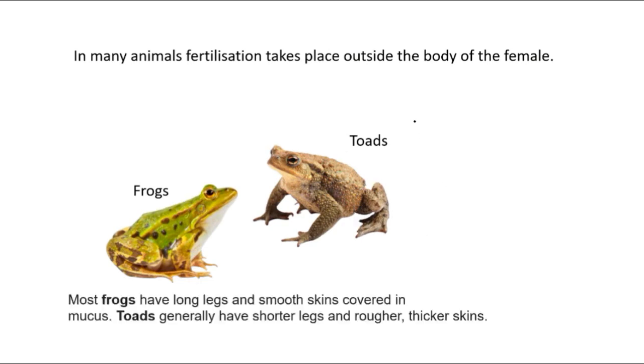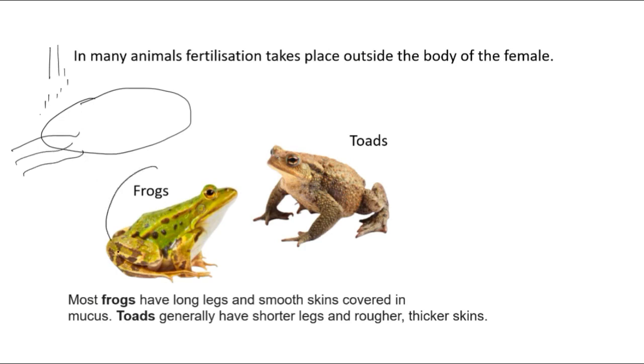Now it's interesting to know how the fertilization happens in this case, right? Generally in the pond during the rainy season, when the water is moving inside the pond, you will find these frogs slowly move into the water, right?